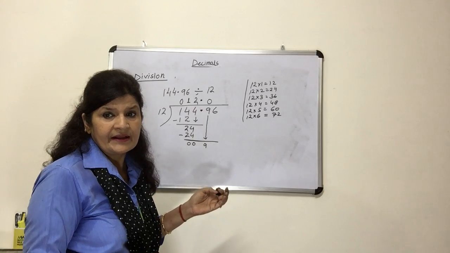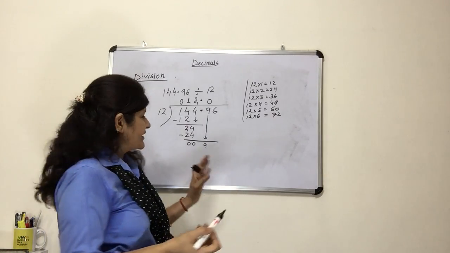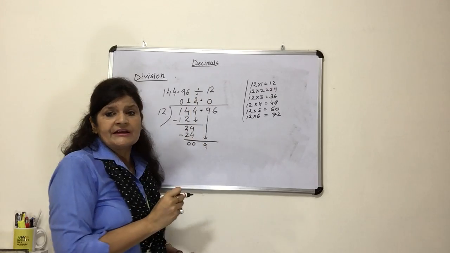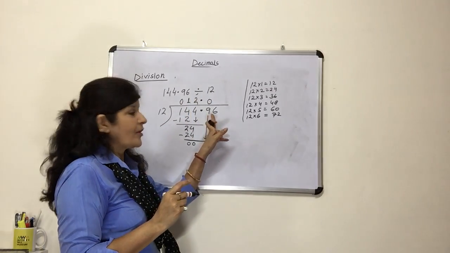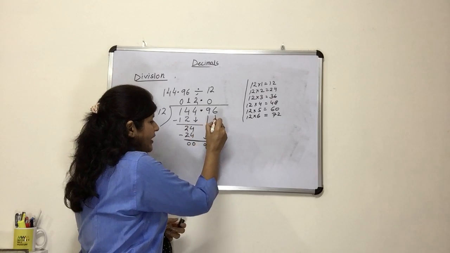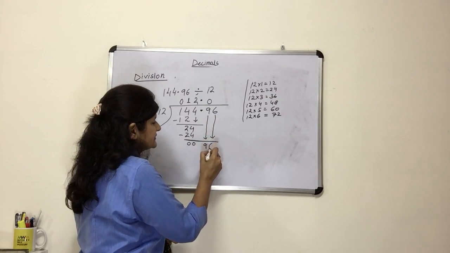But 9 we cannot divide because it is a smaller number than 12. 9 does not come in the table of 12, so we cannot divide this 9. Now we will put 0. It indicates that when we copied the 9, it was not divided by this 12. Now we will copy this 6.